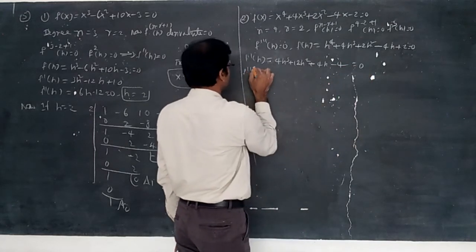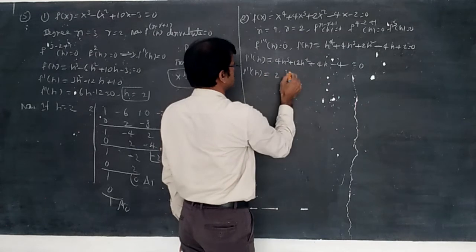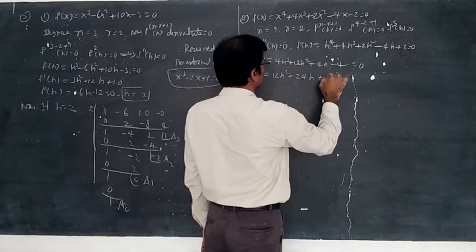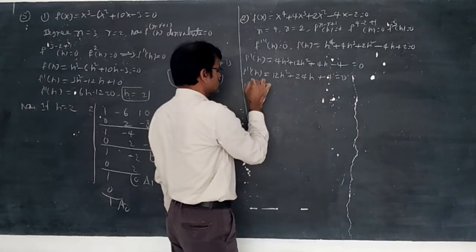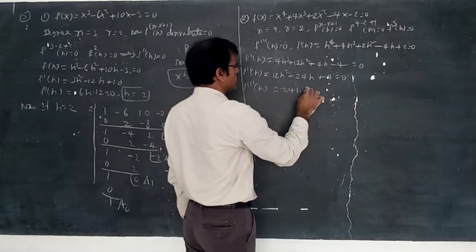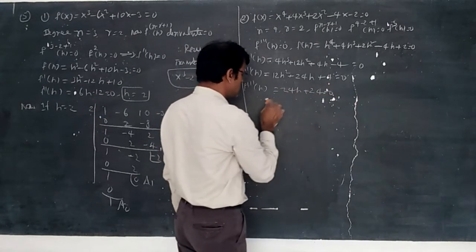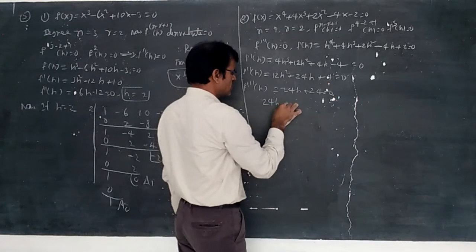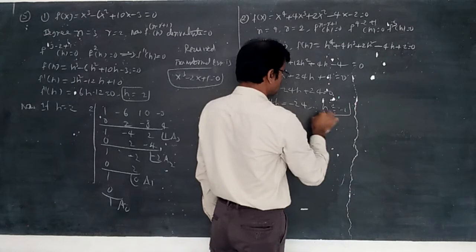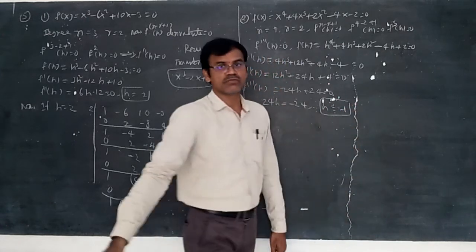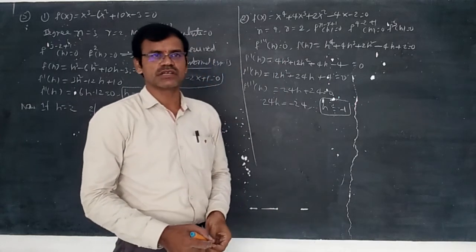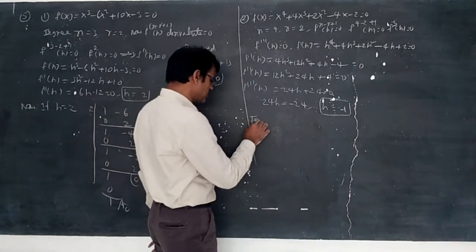Next f double dash h is equal to 12h square plus 24h plus 4 equal to 0. Next f triple dash h is equal to 24h plus 24 equal to 0. Here you stop. So 24h is equal to minus 24. Therefore h is equal to minus 1. H is equal to minus 1 we got. For this whole process, one shortcut is there. The formula I am writing.